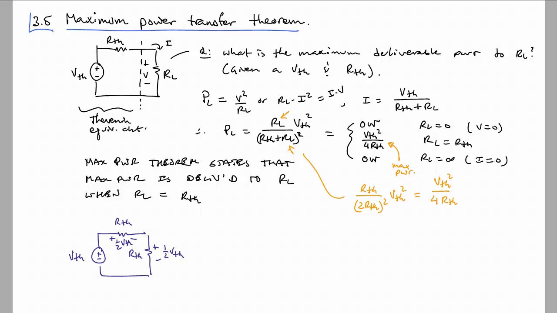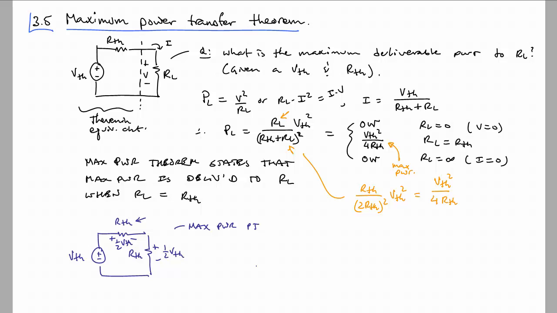Note that at this maximum power point, maximum power is not only delivered to the load, but you have the same amount of power delivered to R Thevenin, because it has the same voltage across that resistance, 1/2 V Thevenin. Now that doesn't end up being the maximum power point for R Thevenin.